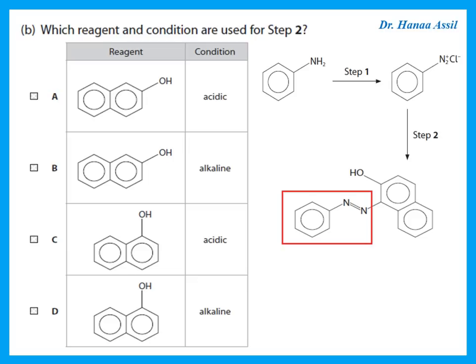We should know that this kind of reaction is in alkaline solution, so this would be my reagent. The others, C and D, have the OH in the wrong position, and A is acidic. We don't do this in acidic, we do it in alkaline conditions.